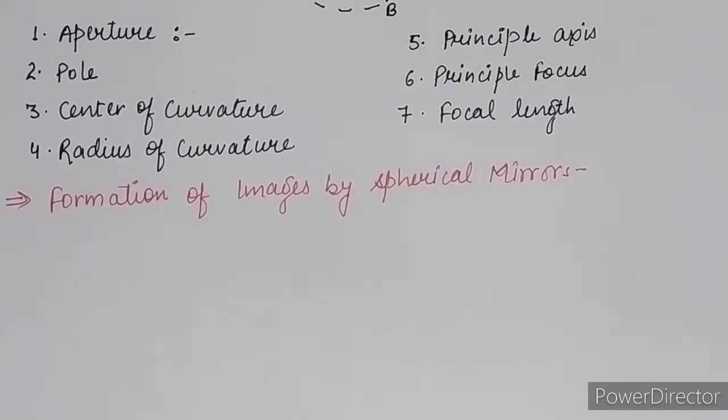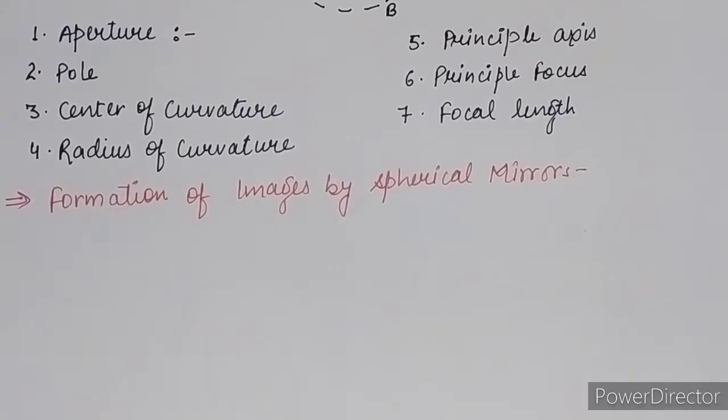Okay, if we don't have two rays, we are not able to determine the position of the image. And after reflection from the mirror, these rays determine the position of the image. And how are they determined, beta? For that we have different conditions.